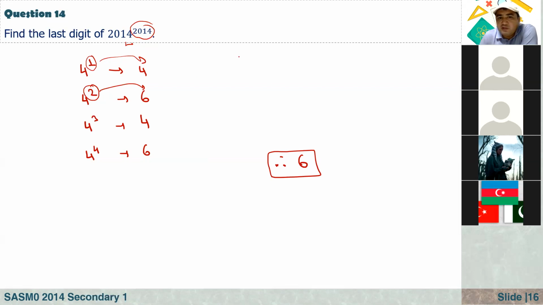Because this 2014, I can write it as 10 times 201 plus 4, right? Now, if you just raise to the power of 14, and here we have to the power of 2014. Actually, this part is always last digit 0 because of this term. It's all about this fourth power, okay?